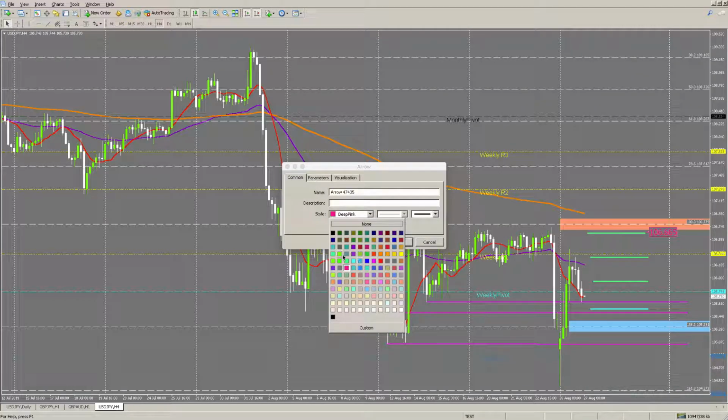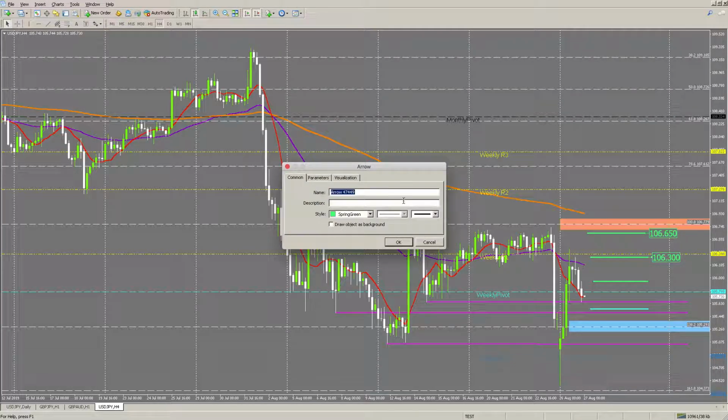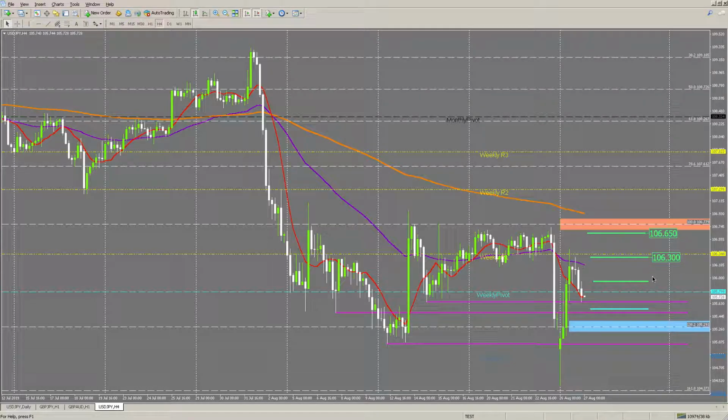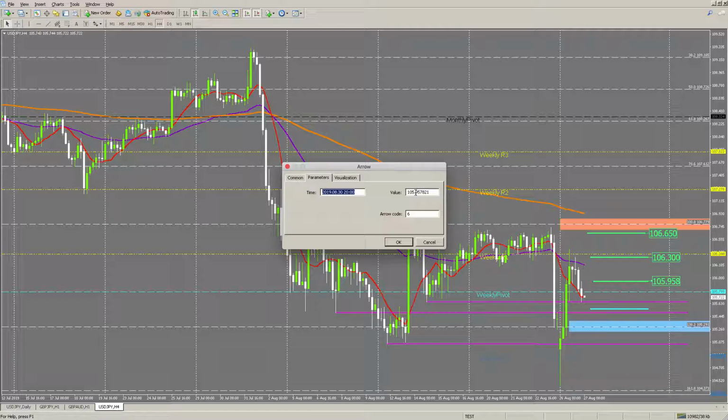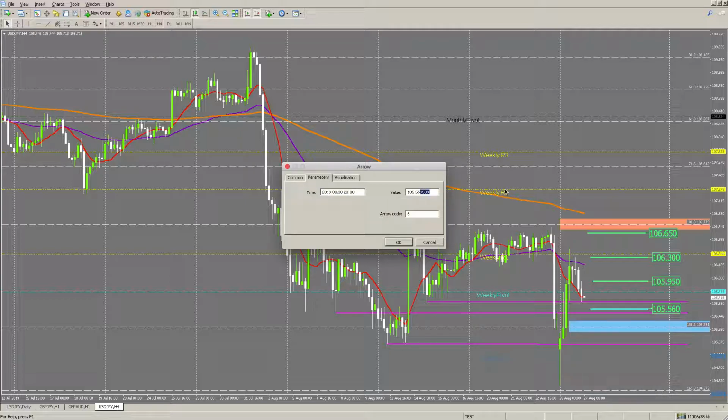Or 106.30. Can also make it 106.25 to make it easier from our entry of 105.55, which will make it 70 pips, with 105.95 and our potential entry 105.55.